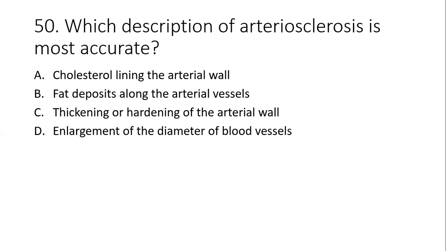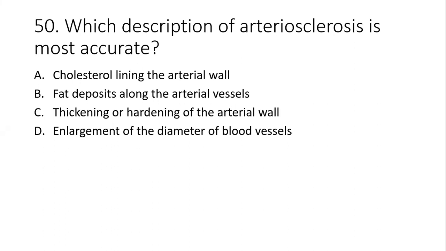Okay, which description of arteriosclerosis is most accurate? Yeah, this one is C. It's easy to get thrown because we learn about atherosclerosis, which could be between A or B. I got this from Evolve, and neither of those answer choices reflects atherosclerosis.